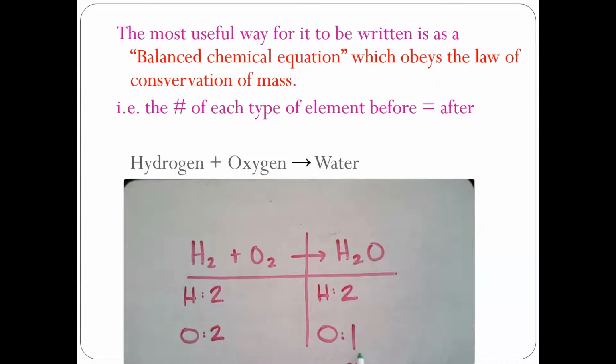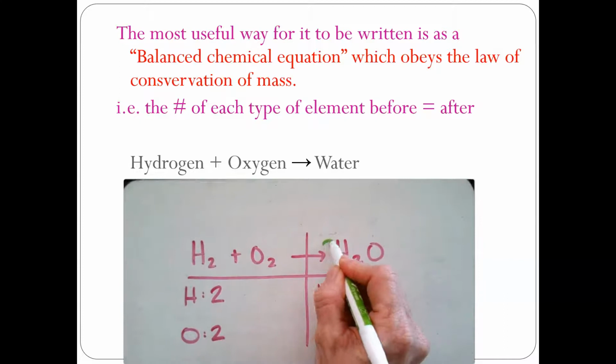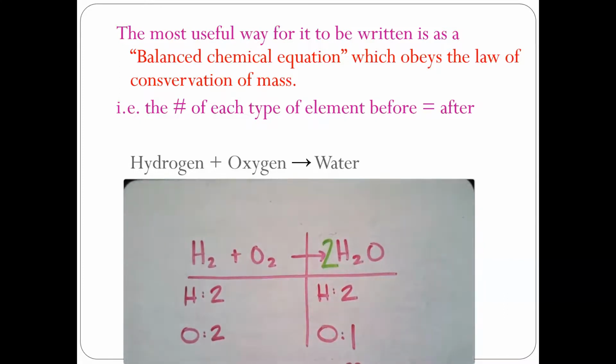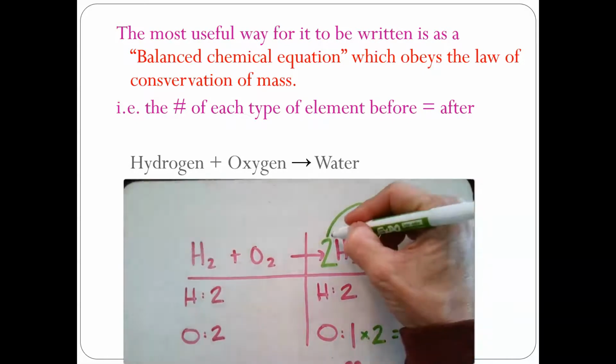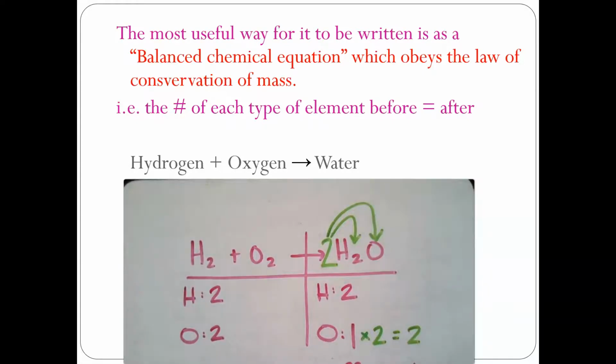So in order to get 2 oxygens, I need to put a big 2 here. That 2 multiplies oxygen by 2 to give me 2 oxygens. But it has another effect. That 2 also distributes to my hydrogen. And when it does that, it changes hydrogen from being 2 to being 4.